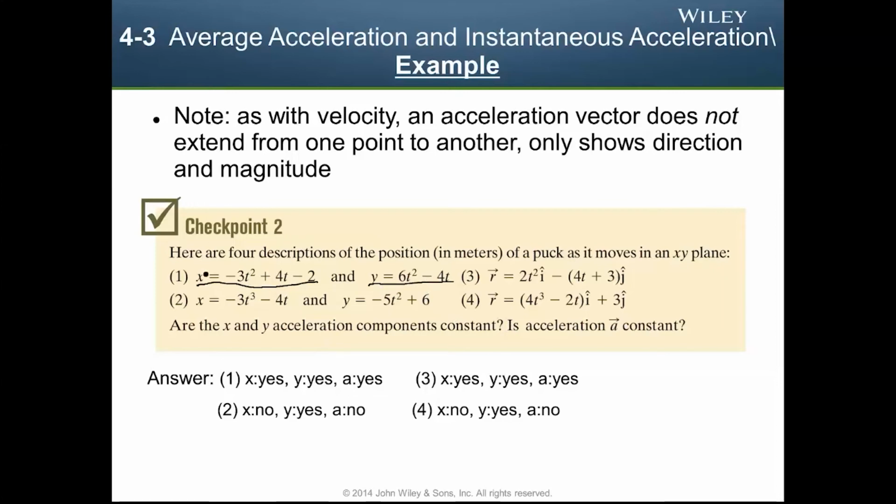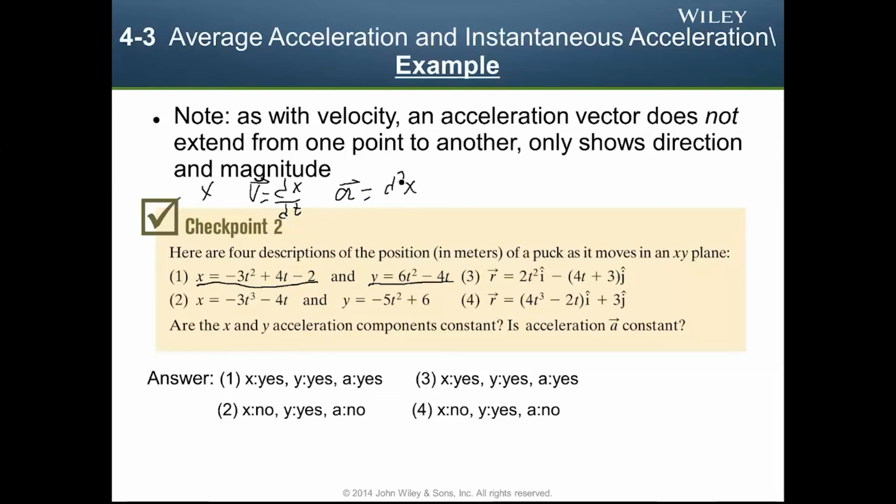What it's saying here, and I'm going to try to squeak this in little places, is you have some x, and we want to get an acceleration component out of it. In order to get the velocity, you have to take the first derivative with respect to time. Now, we have the x, that's the first position. We take the first derivative with respect to time, and if we want the acceleration of it, we take the second derivative.